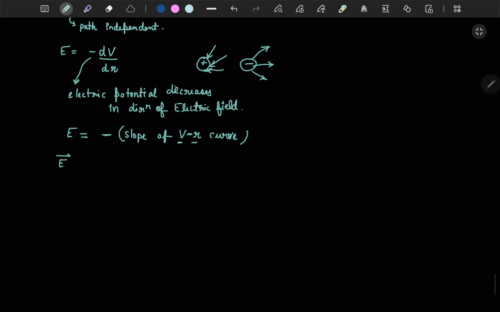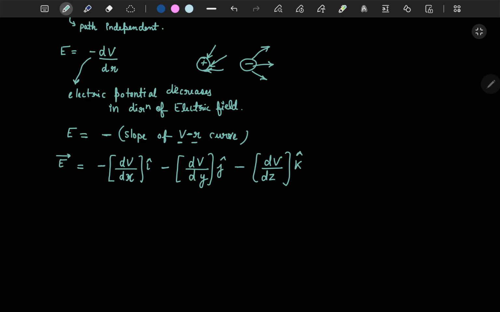Let's talk about electric field when potential is given in different axes. It is given by minus dV by dx i cap, minus dV by dy j cap, and minus dV by dz k cap.